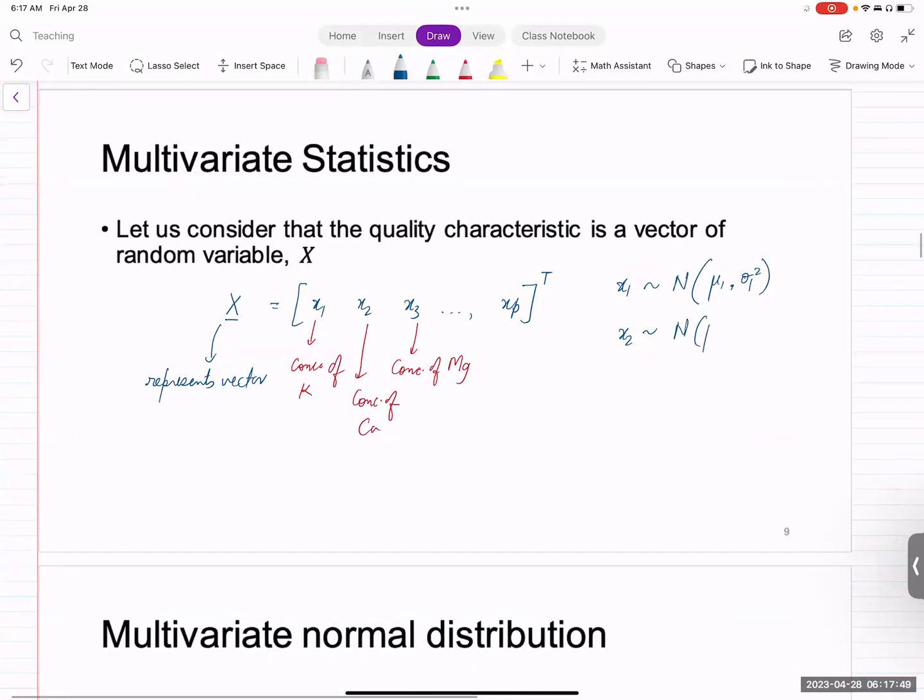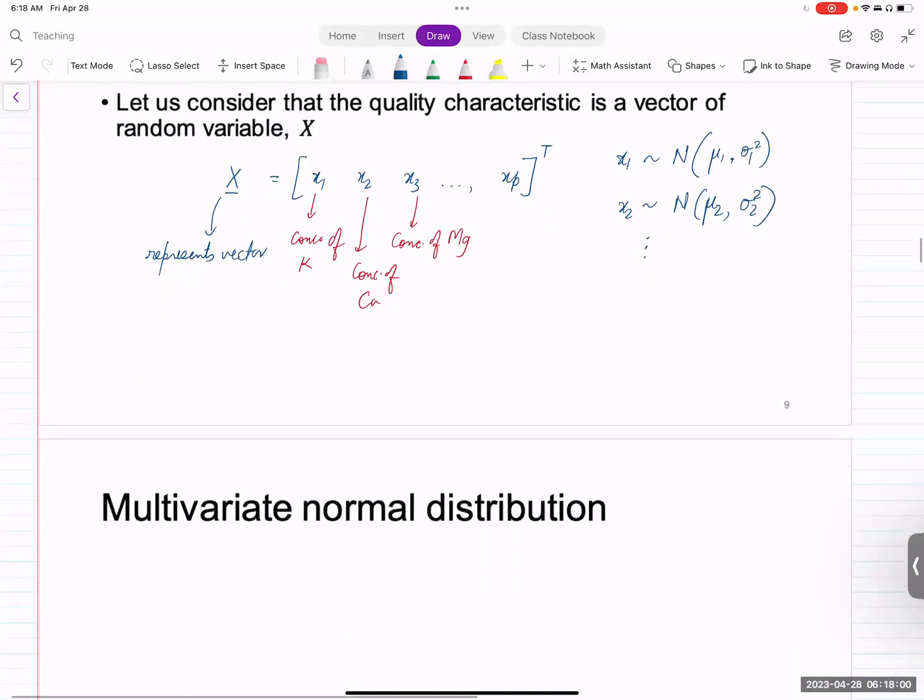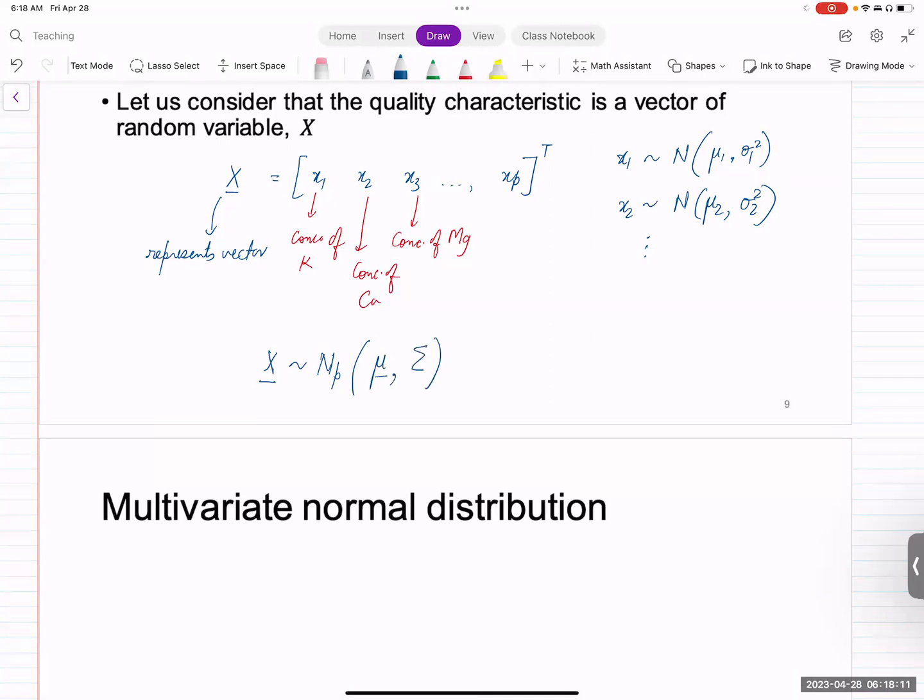X2 follows normal with mean mu2, variance sigma 2 square, and so on and so forth. Okay. Now, just like a univariate normal distribution, we can define a multivariate normal distribution, which is X under bar following a normal distribution with mean mu under bar and a covariance matrix sigma.